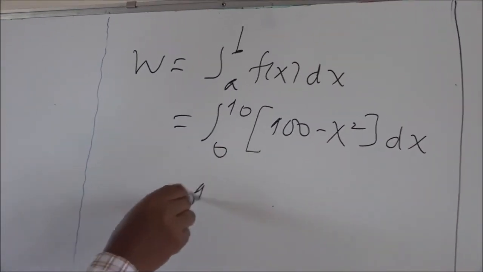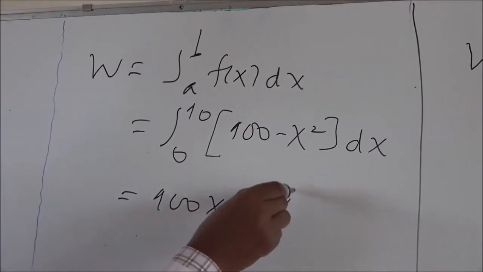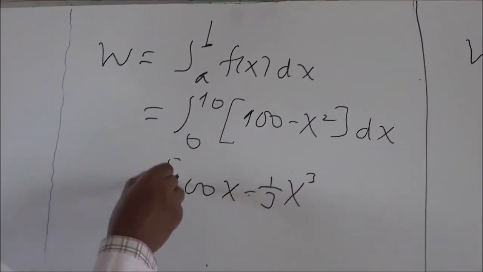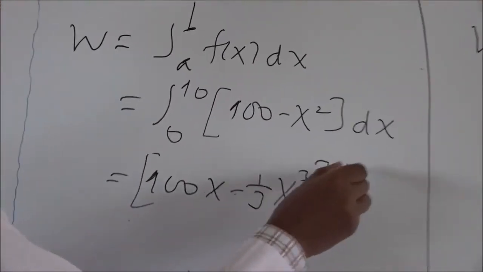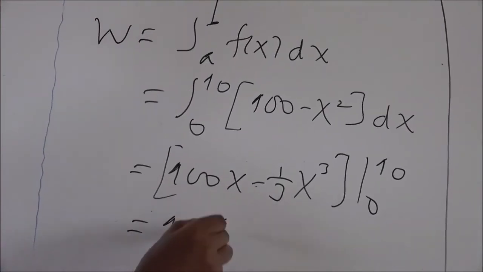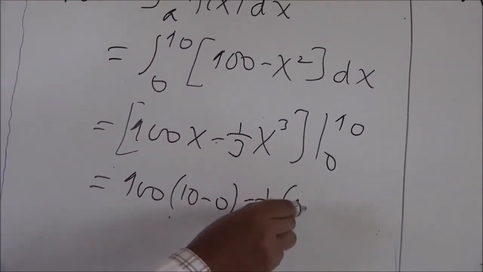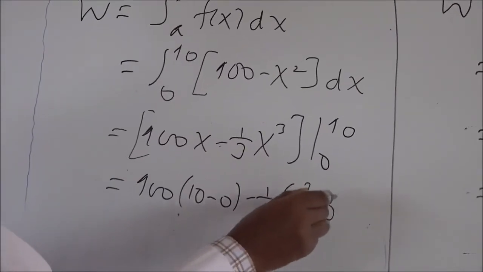So the integral will be 100x minus 1/3 of x cubed, evaluated from 0 to 10, 100 times 10 minus 0, minus 1/3, 10 cubed minus 0 cubed.